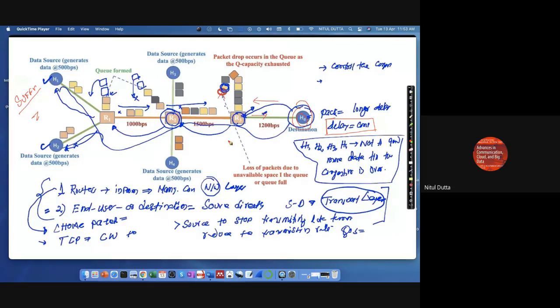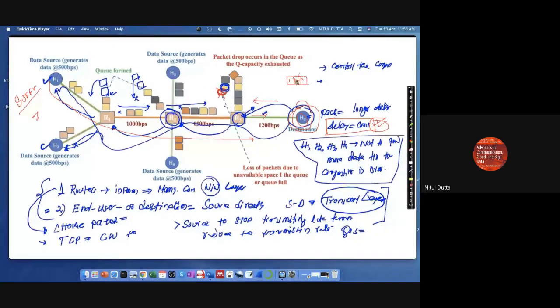However, the packets which are lost need to be retransmitted by the respective sources, right? Only then can the end user have the data. Unless it has the data, it cannot replay it or make use of it. Suppose one message is divided into three different packets or segments: segment 1, segment 2, and segment 3.